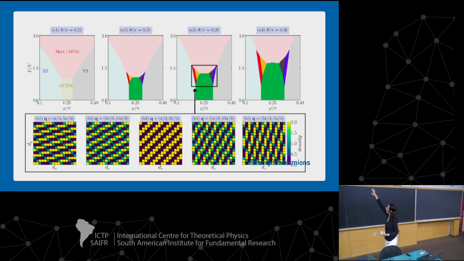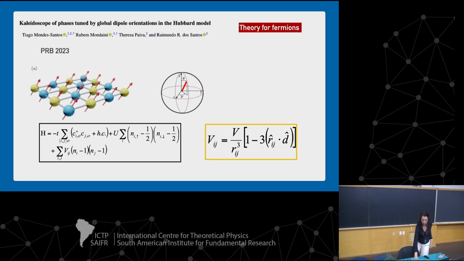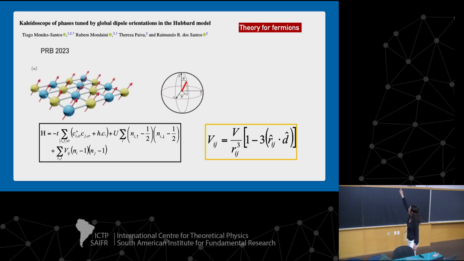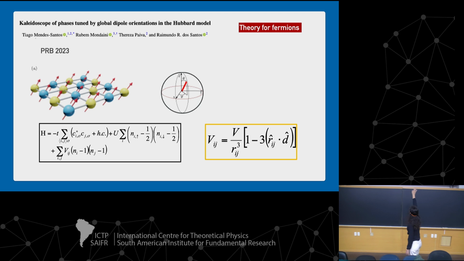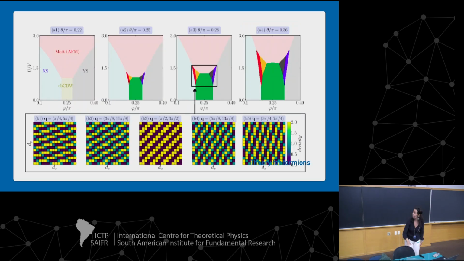And we found so many phases that we were just amazed, you know. So on top of each view graph is the angle theta. Let me go back here. So theta is the polar angle in which the dipolar atom is pointing. So there is the angle theta and the angle phi, and we change theta, phi, and V, the intensity, and we get all these very different phases.